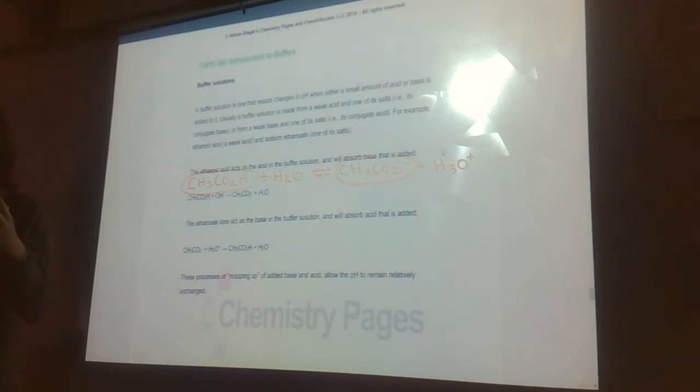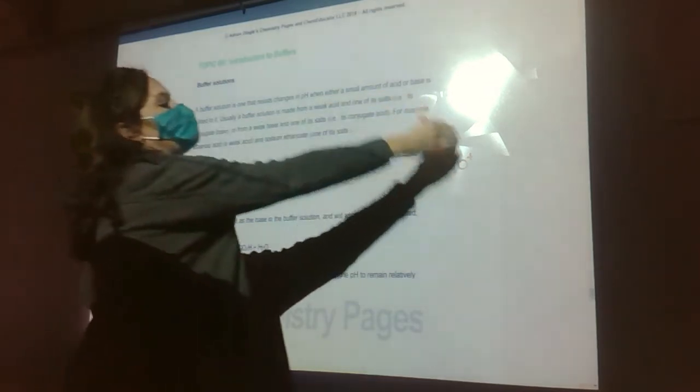This solution right here, this weak acid solution, behaves as a buffer because there are ions present that if you add hydronium or if you add hydroxide, it will absorb them, it will react with them, and keep them from changing the pH. Does this kind of make sense? Maybe?